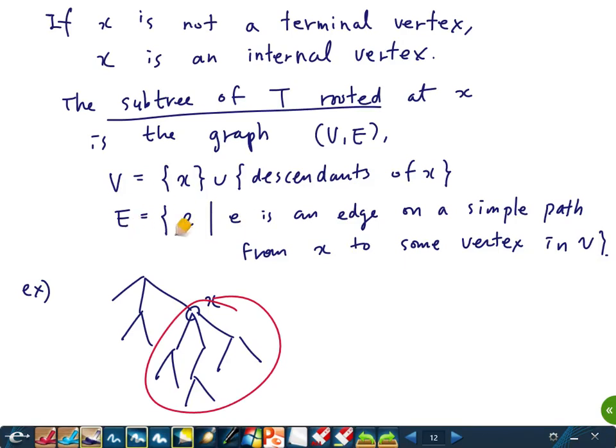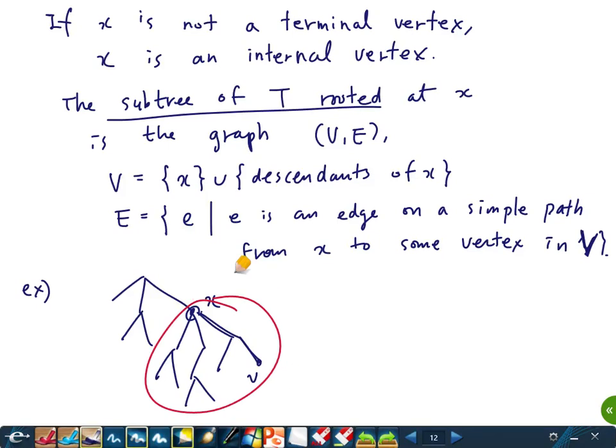What does E mean here? There is a simple path from this to some vertex. Oh, this should be capital V. If there is some vertex V and there is a simple path, we are going to have all edges there. That means basically you take all the edges. So all descendants and all edges from the original tree. Okay?